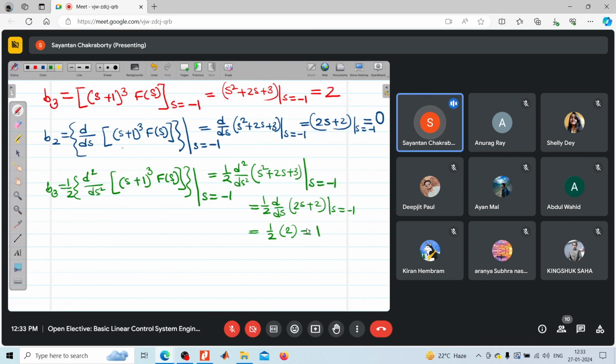So what can we write down? Fs is equal to, oh, I've written both as B3. It should be B1, sorry.